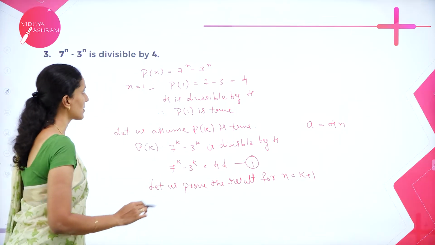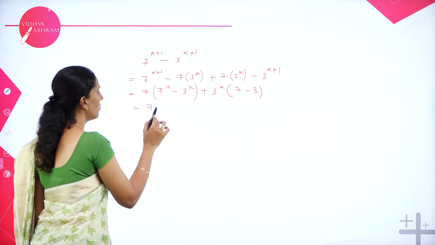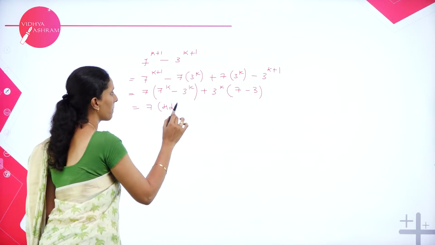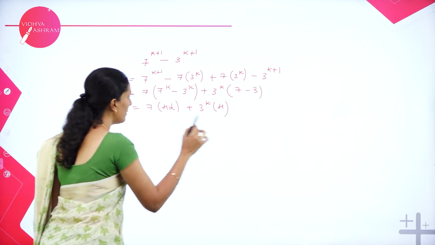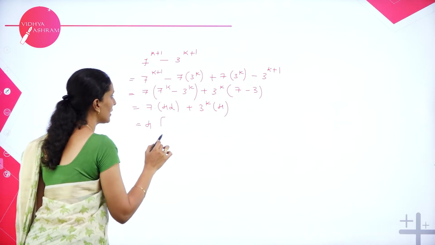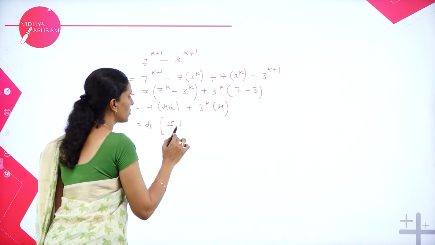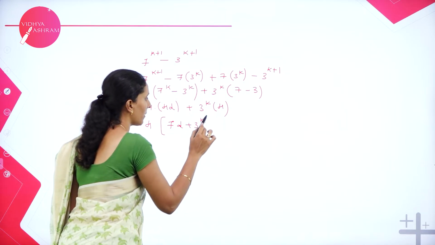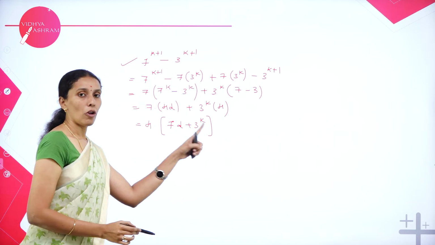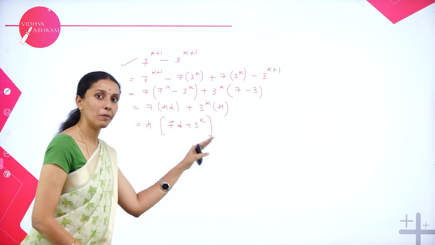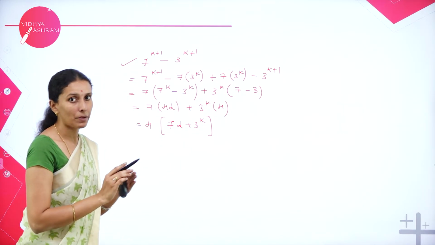So we will use this. 7 into 4d we have, and 7 - 3 is also 4. Let me take 4 as a common factor, then it becomes 4(7d + 3^k). So clearly the given statement is a multiple of 4. If it is a multiple of 4, it is divisible by 4.